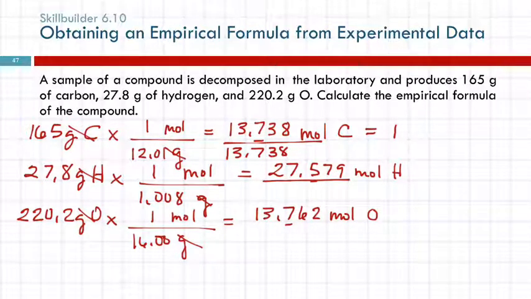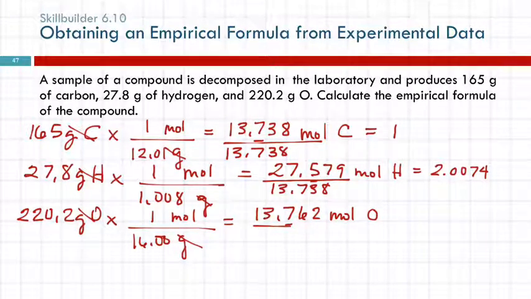This other one I'm going to divide by 13.738. So 27.579 divided by 13.738. This gives me 2.0074. That's pretty close to a whole number.